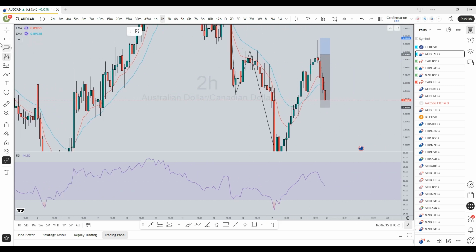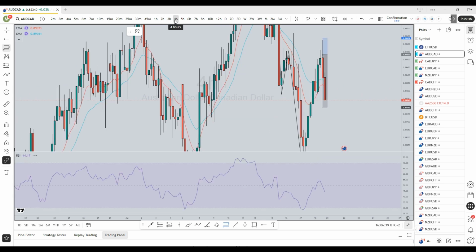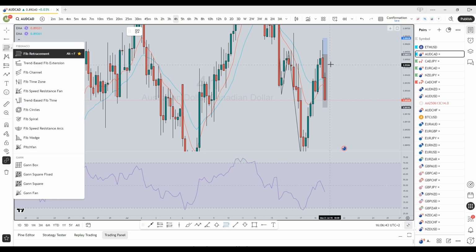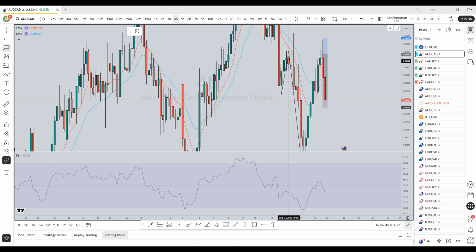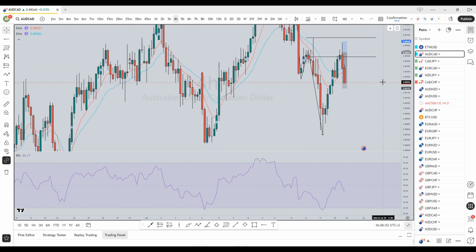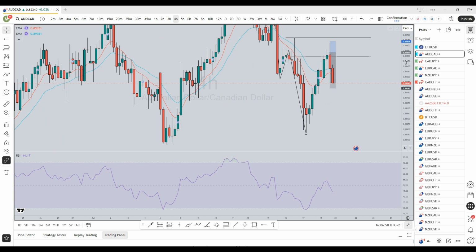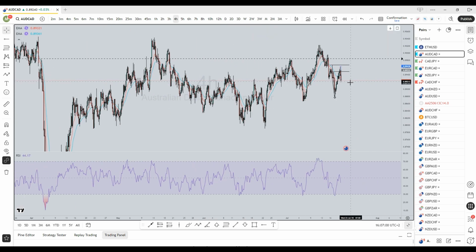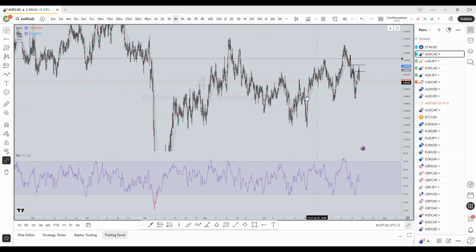So when I saw this, I think I did it on the 4 hour. Oh, right here. So on the 4 hour, I was pretty much targeting all of this zone here. I was targeting to short the zone, and then so yeah, this is basically it.